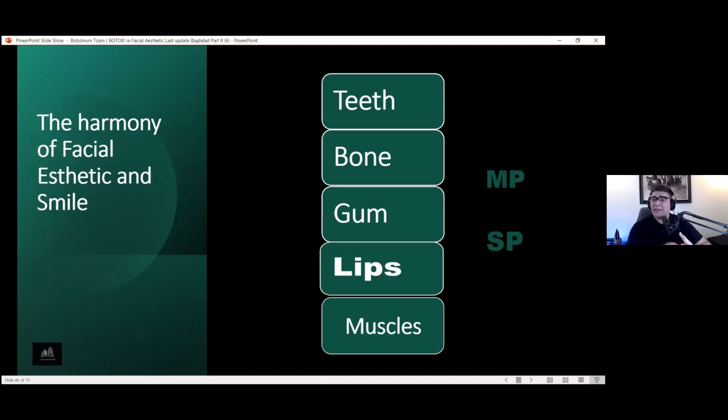Should be based on dental and osseous and gingival and lips plus muscles. And here, when I say muscle, because I'm playing the game with botulinum toxin in the neuromuscular area, what they say, backyard. This area is very large in the treatment of the gummy smile.